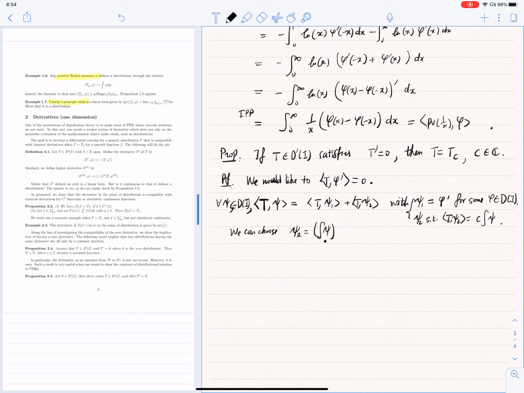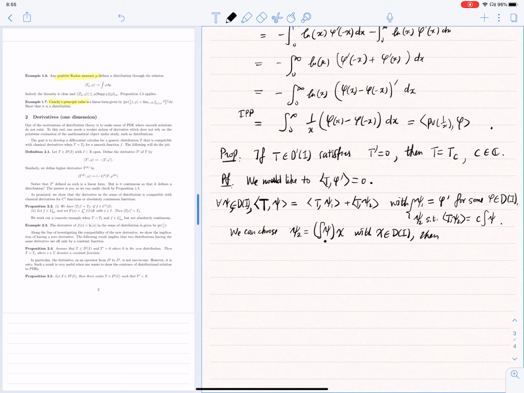So we need to multiply by a test function chi so that this becomes supported in a compact set. We choose psi 2 as the integral of psi times chi, with chi a test function.